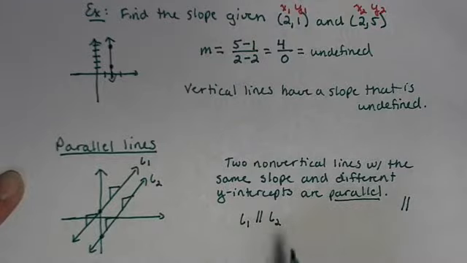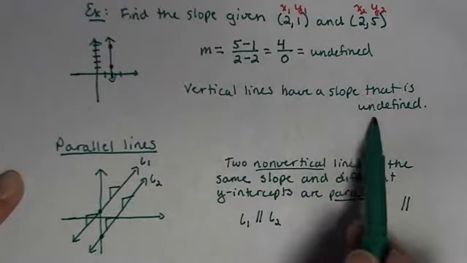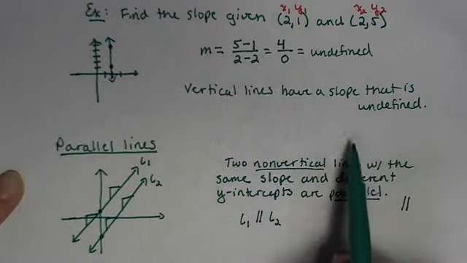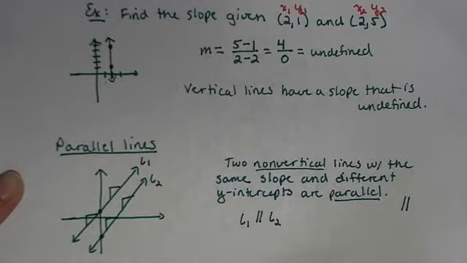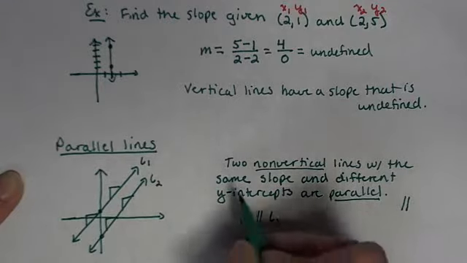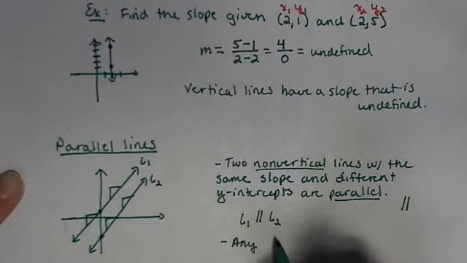Another thing to remember is, even though we say that we're looking at non-vertical lines here, part of the reason for that is because, remember, a vertical line has an undefined slope, so we can't really talk about slopes when we're talking about parallel lines and vertical lines. We do also say that any two vertical lines are parallel.